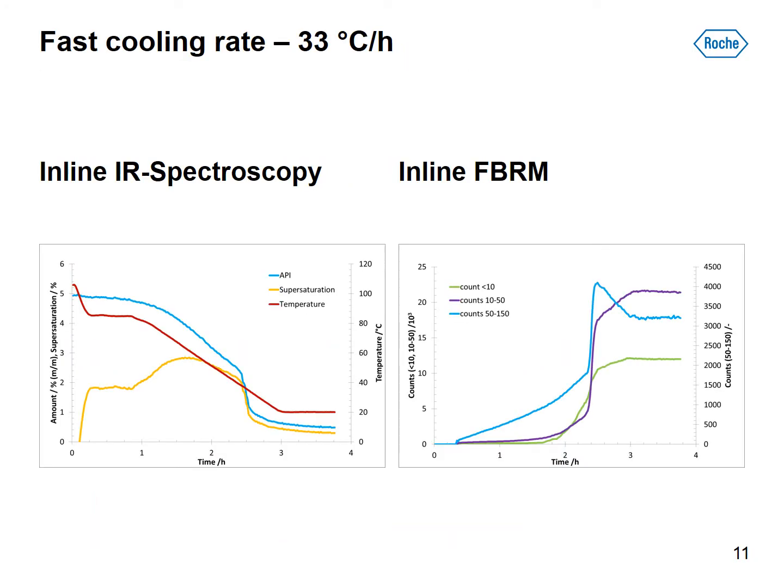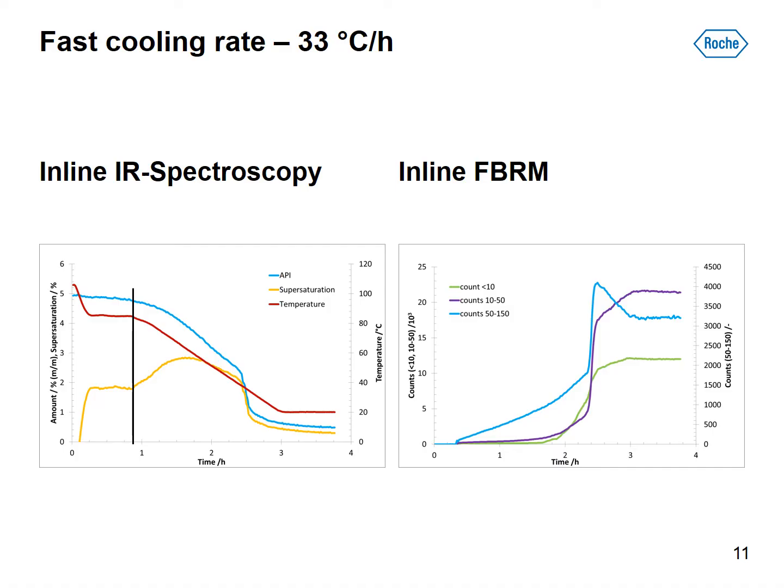Here you can see the results of the experiment with the fast cooling rate. We had a supersaturated suspension, which was seeded and then cooled down with 33 degrees Celsius per hour. In the graphic we can see that when we started to cool down, the supersaturation increased because the growth rate of the API was much slower than the increase of the concentration.